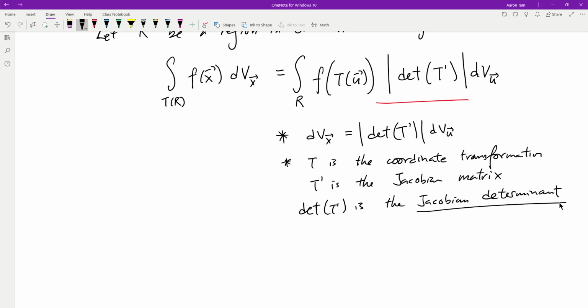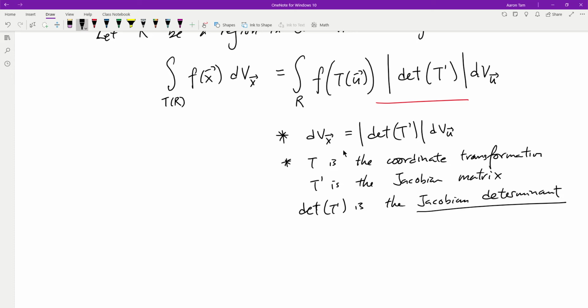Now, an interesting thing to make a note of for yourself is that this determinant can be positive, can be negative. We only want the positive of it. We don't want it to be negative. Some of you may ask the question, then what does it mean when it's negative? See, this determinant actually forms the scaling factor between the regions before and after the transformation, the scaling factor between the volume or the content.